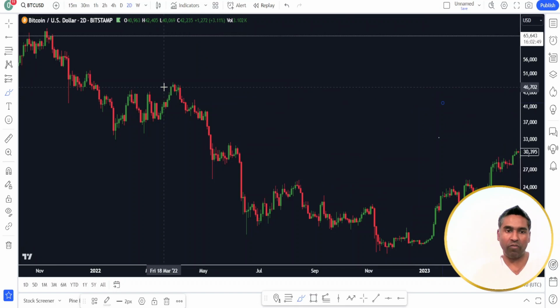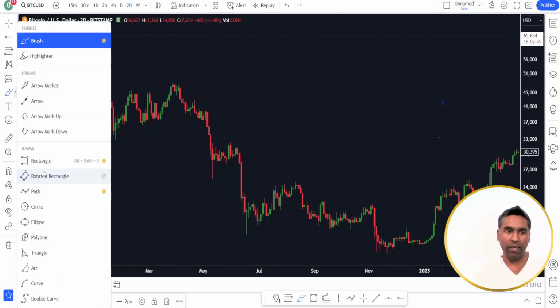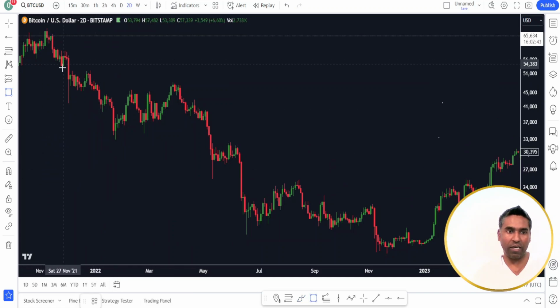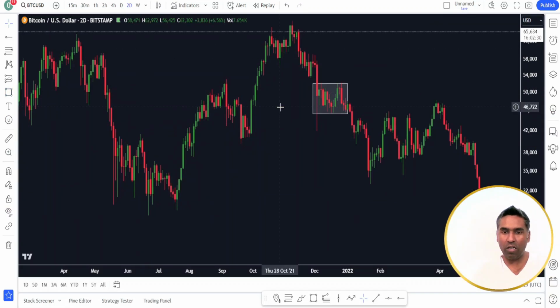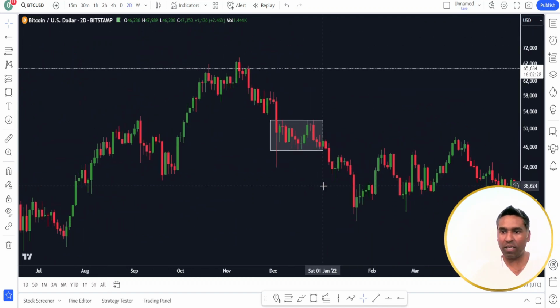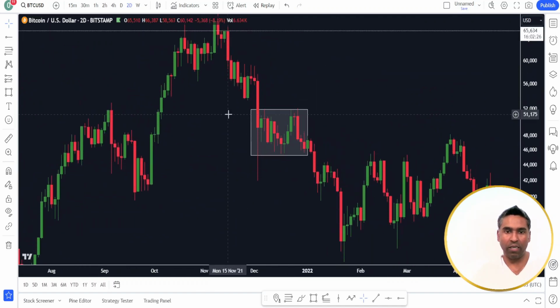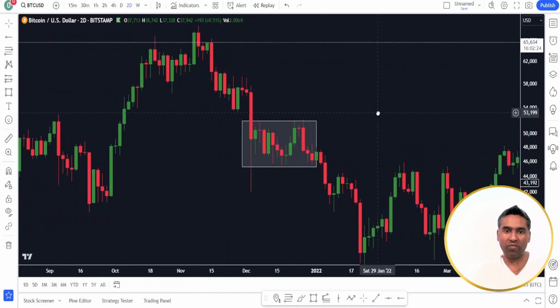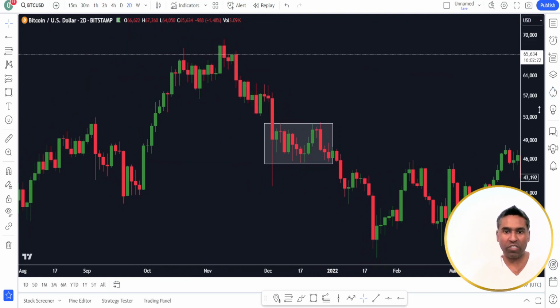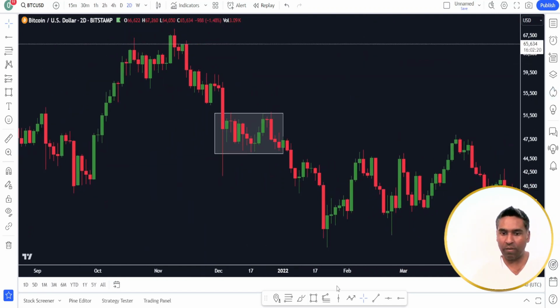As we have learned, we are only interested in consolidations. So let's see how we can enter the market in these consolidation areas. The first one is a rectangle pattern here. Let's enlarge this one and see how this can benefit us to enter the market. Now, from my support and resistance video, we know that there are two strategies to enter the market. One is a pullback strategy, the other one is a breakout strategy.